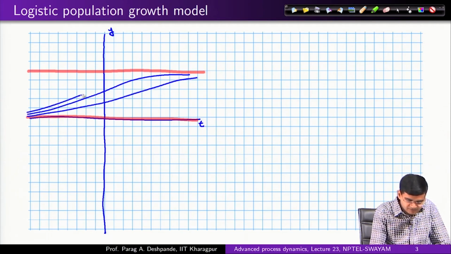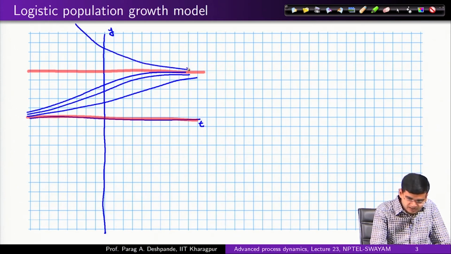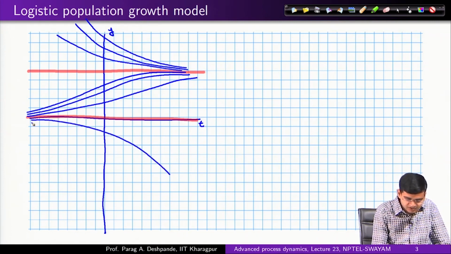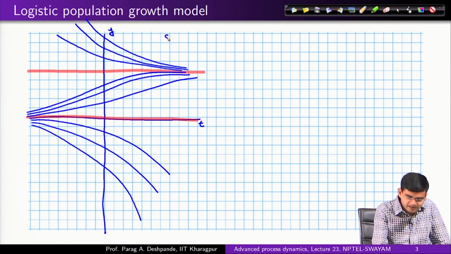The phase lines are in front of you. Try to convince yourselves of the physical meaning of each of these lines, and then you would realize that this is true only for a greater than 0.